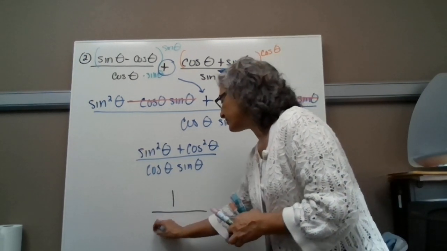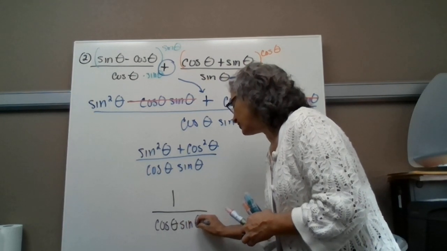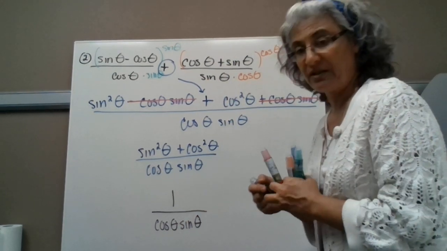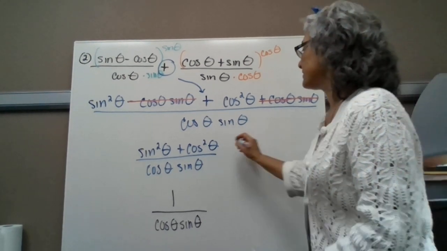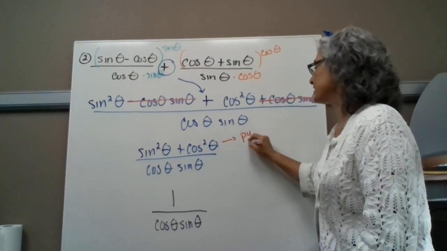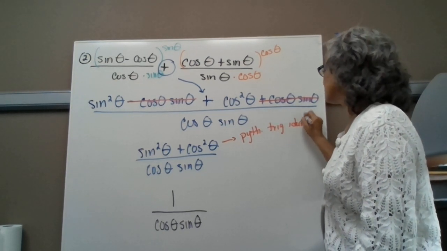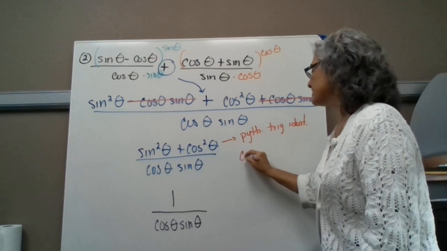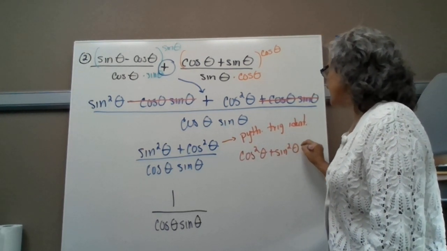The denominator, I'm still taking cosine theta times sine theta, and I don't know what to do with those, so I'm just going to leave them alone. This right here is a Pythagorean trig identity: cosine squared theta plus sine squared theta equaling 1.